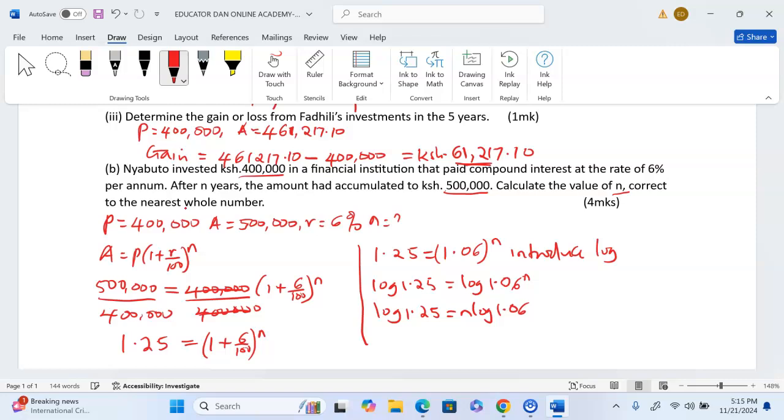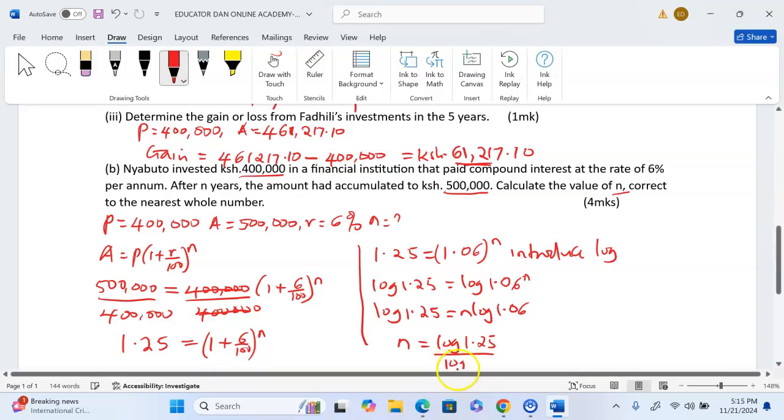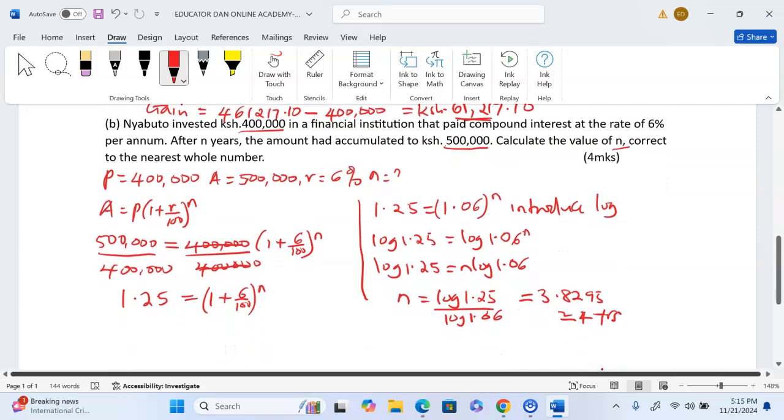If you want to get n, you divide by log of 1.06, and therefore our n is going to be log 1.25 divided by log 1.06, and this is going to give us an answer equivalent to 3.8295, which is approximately 4 years, to the nearest whole number.